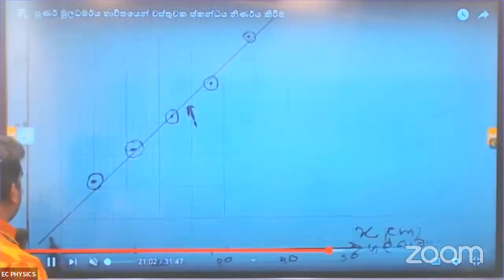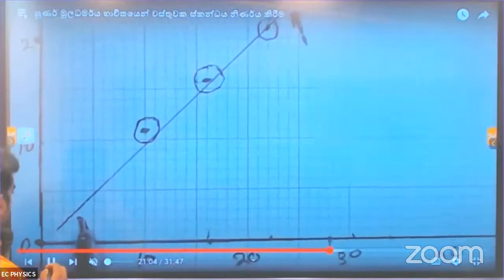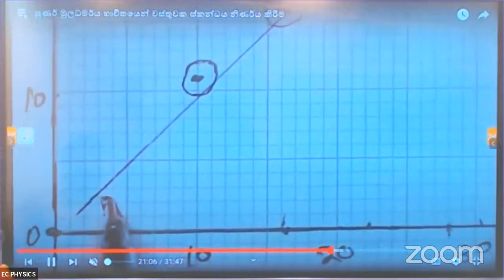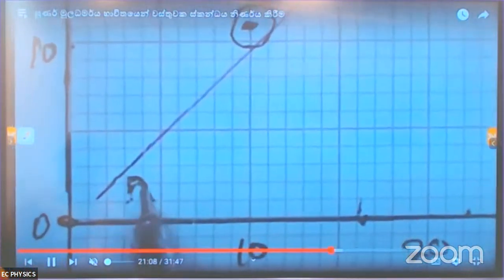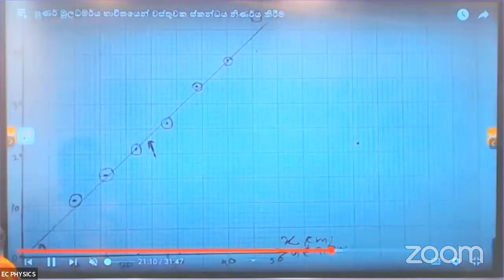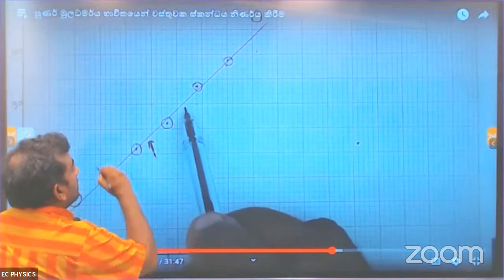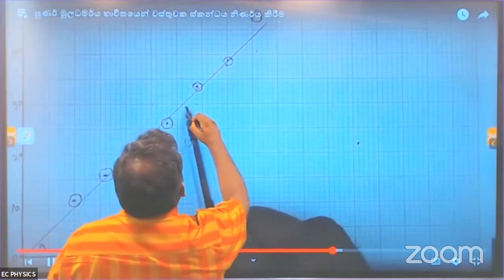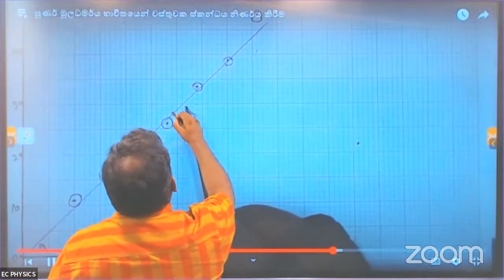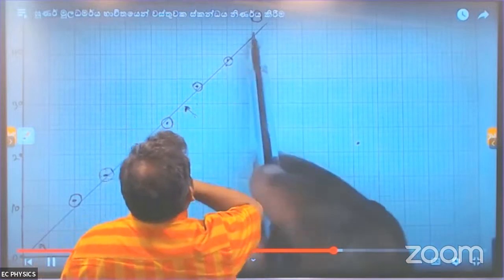And now you select points which exactly cut the grid line. Now this point exactly cuts the grid line. Somewhere here also exactly cuts the grid line.